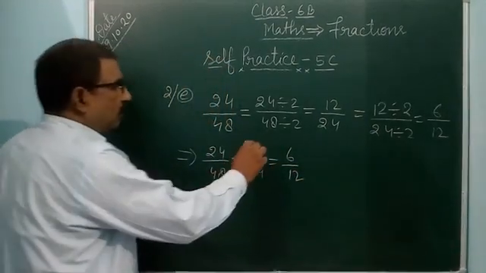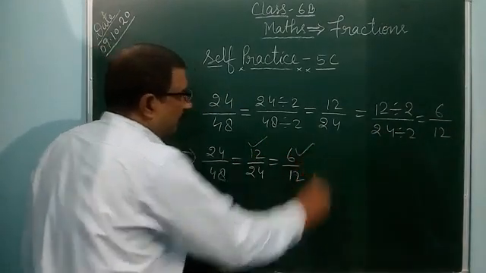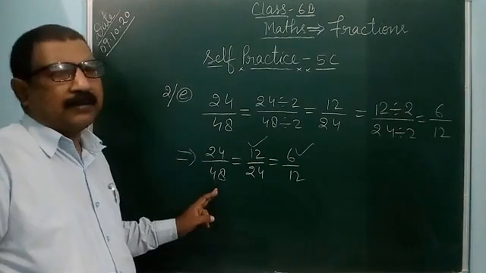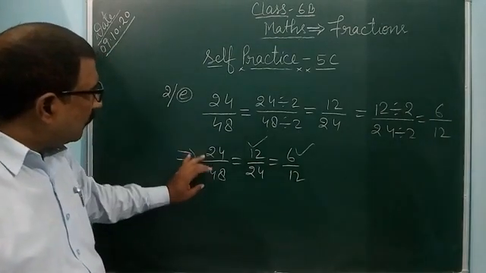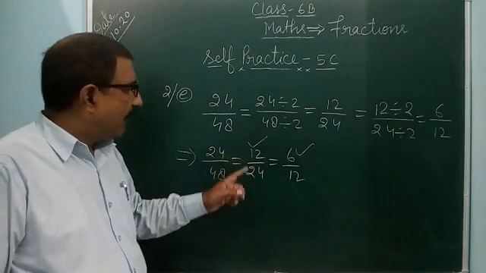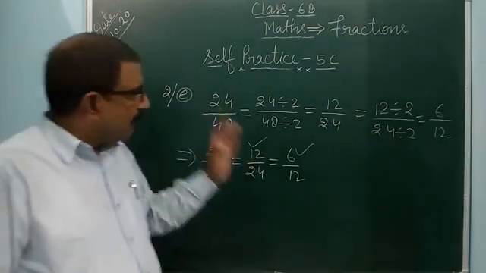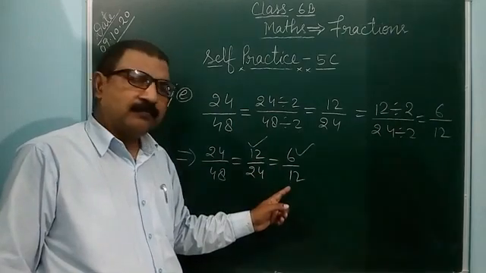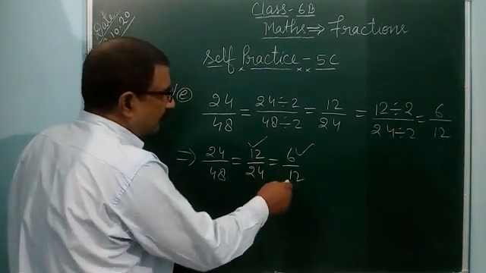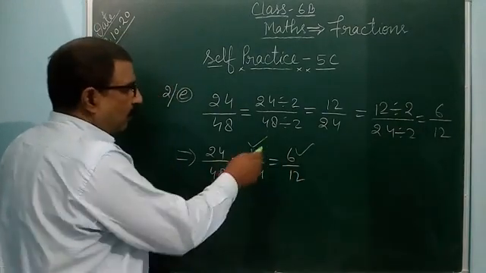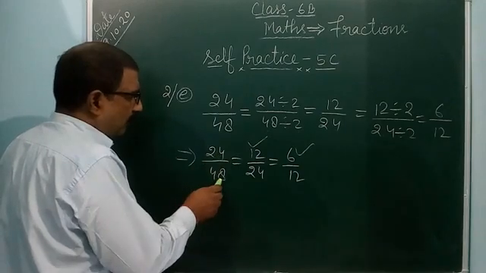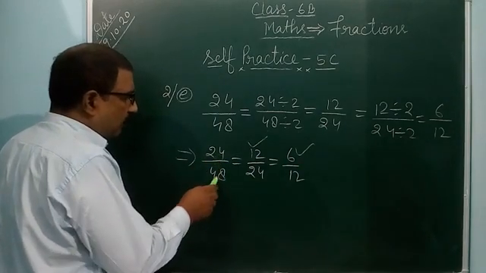So now you have 12 by 24 and 6 by 12 as two fractions equivalent to 24 by 48. They have the same value. 6 ones are 6, 6 twos are 12, 12 ones are 12, 12 twos are 24, 24 ones are 24, 24 twos are 48.